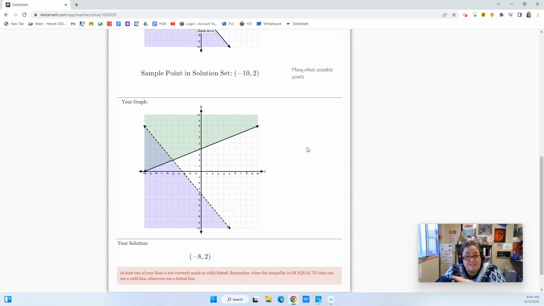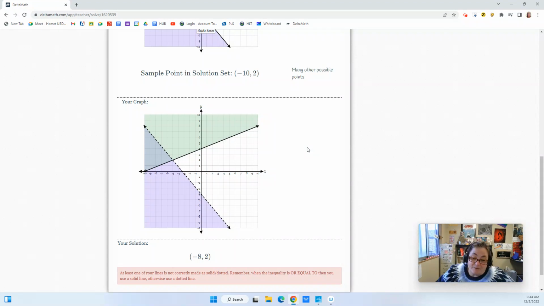So there's 4 pieces to each of these. You can get any one of those 4 things wrong, and it's going to mark the whole thing wrong.